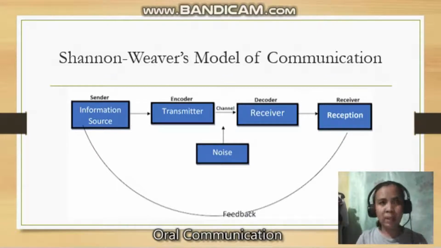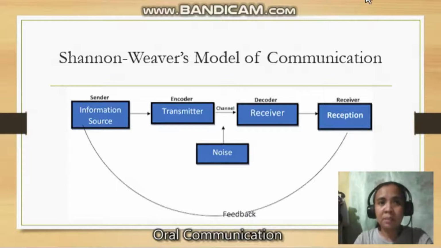Now, the model clearly deals with external noises only that affect the messages or the transmission of signals from external sources. So if there's any problem that occurs in the network which directly affects, for example, mobile phone communication, then it will be considered noise.